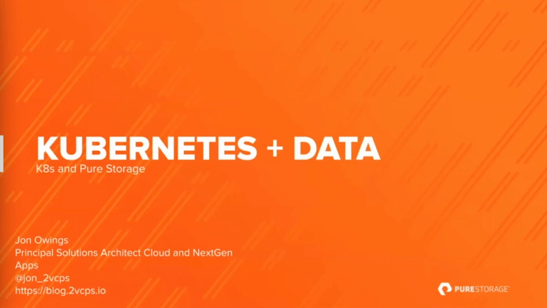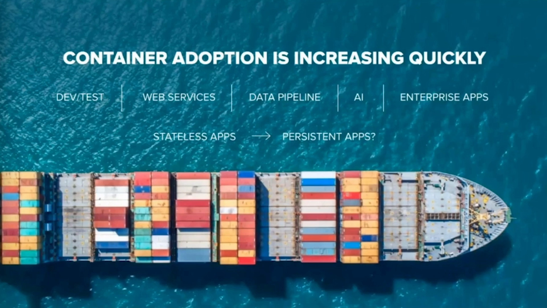I'm John Owens. I'm a Principal Solution Architect for Kubernetes and container integrations at Pure Storage. And today we're just going to talk about how we've gone from the transition of dev, test, web services, stateless type applications towards more persistent apps or stateful apps.